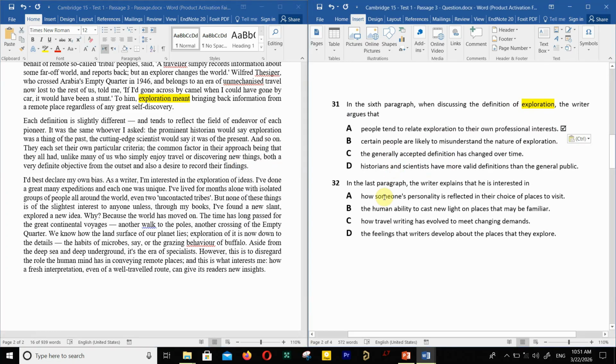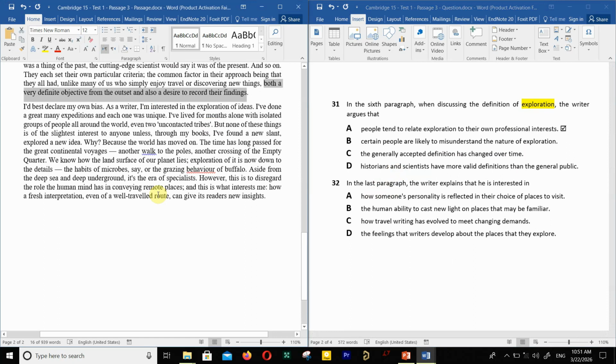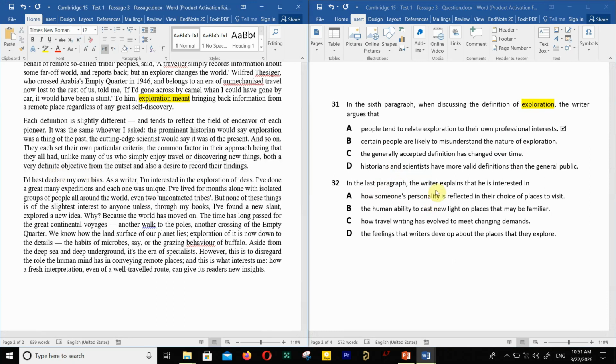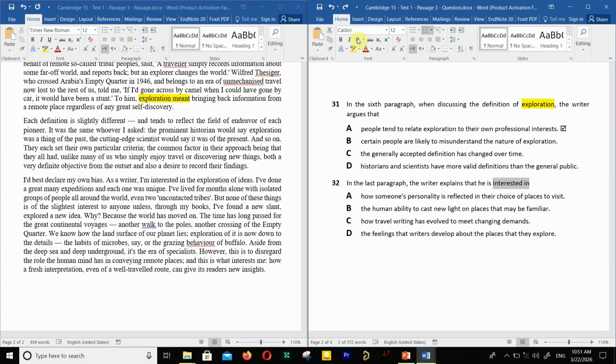Okay, and now in the last paragraph, the writer explains that he is interested in what? Find this, or anything that paraphrases this. Interested in what? This is important. I'd best declare my own bias.